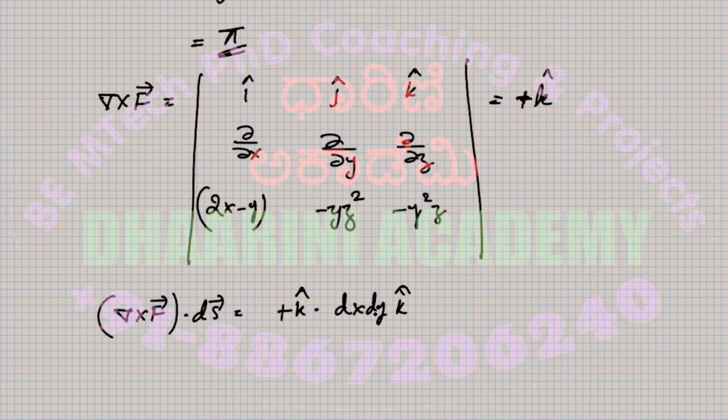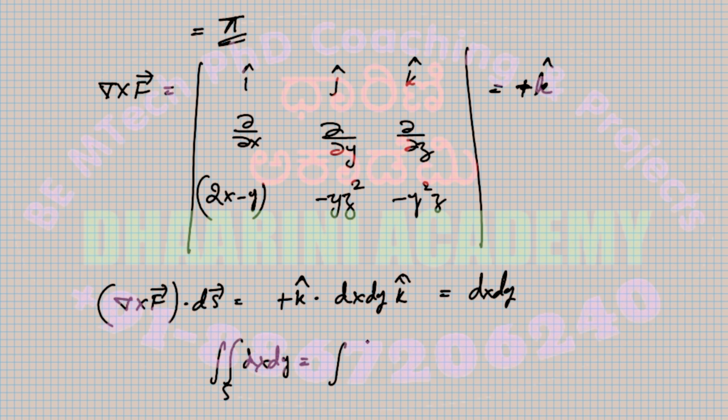So that is just dx dy, correct? The double integral over any surface area dx dy is nothing but the area, in our case. Anyway, let me write what you are supposed to solve: r equal to 0 to 1 and theta equal to 0 to 2 pi, r dr d theta, correct?